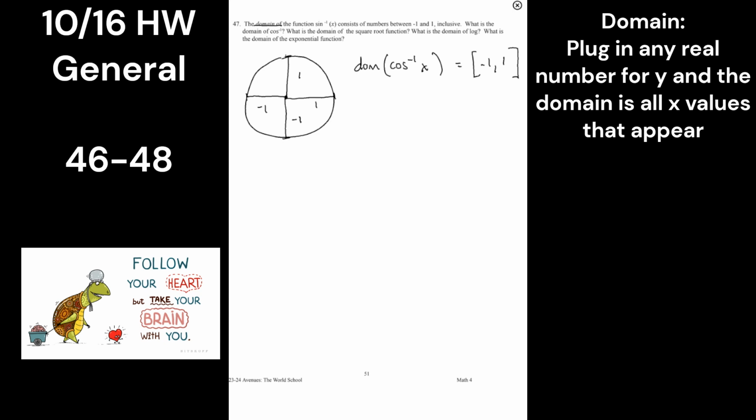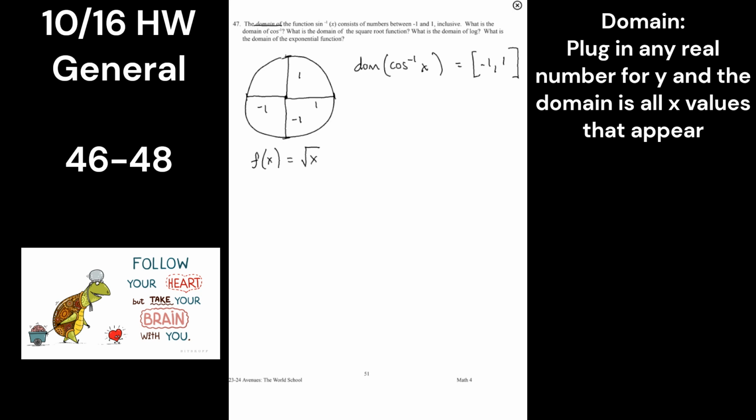And now it's asking for the domain of the square root function. So the square root function is f of x equals root x. And here, this is another time where you have to use just a little bit of thinking. You can't have a negative number as x.